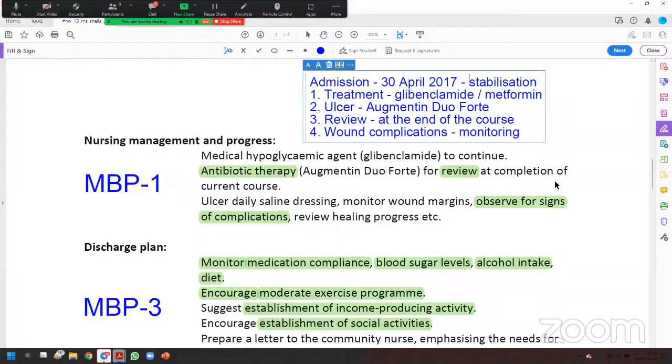Miss Cartwright was admitted for stabilization of diabetes mellitus, and she was treated with glibenclamide and metformin. So what type of agents are they? They are anti-hypoglycemic agents, glibenclamide and metformin.